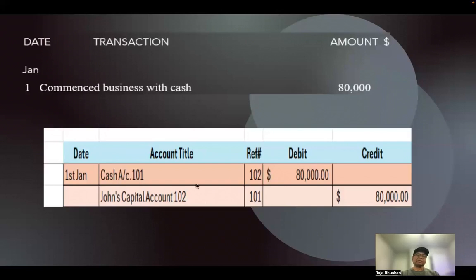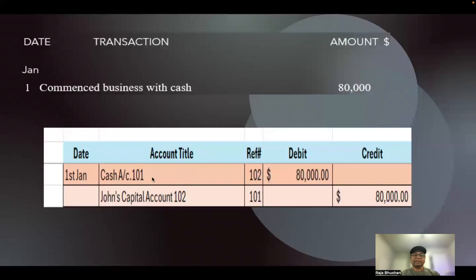So this is the first one. We have the date here. Account title is cash for debit, and the account number for cash is 101. And John's capital account, the number for this is 102. So in the reference you can see it is backwards.